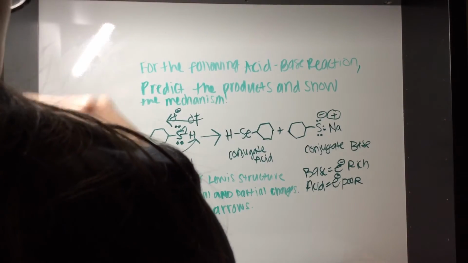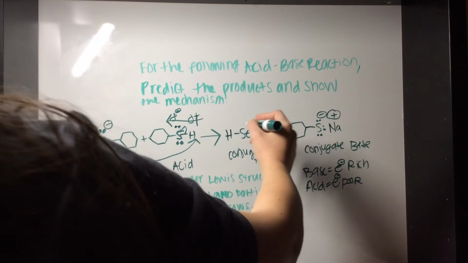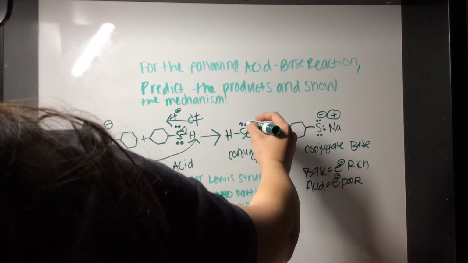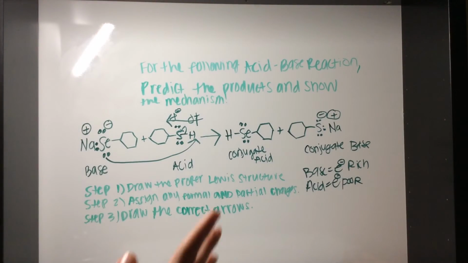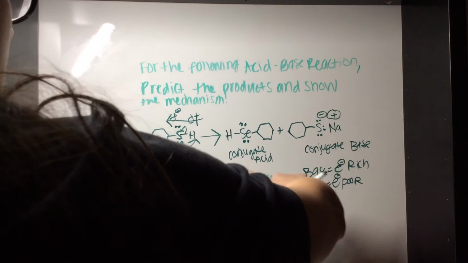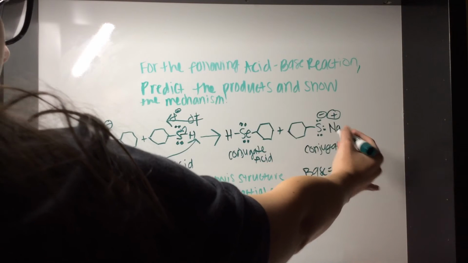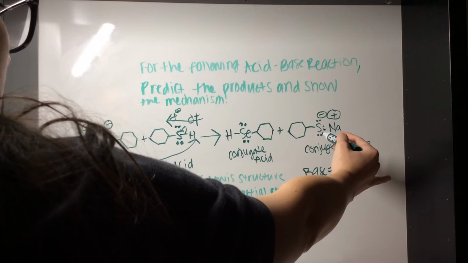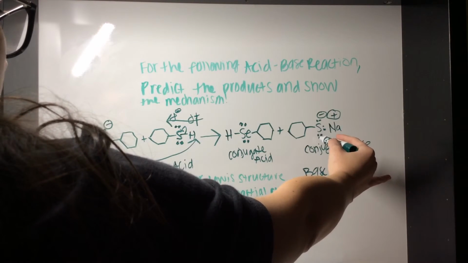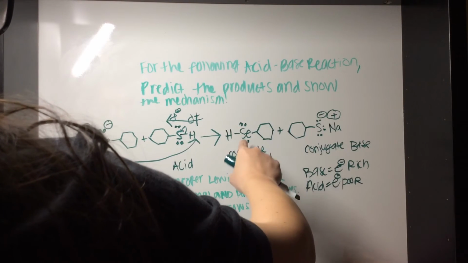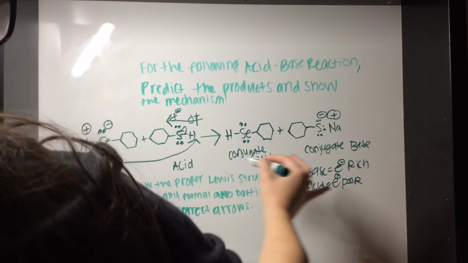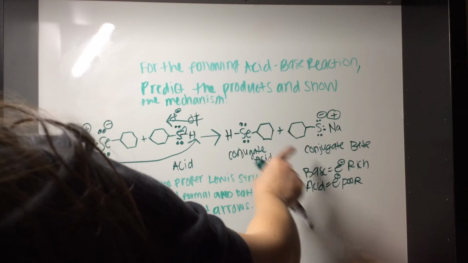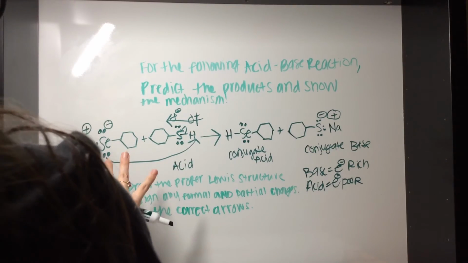So for this, we have these products over here, and just to be sure, make sure we draw the Lewis dot structure and that everything makes sense. In equilibrium, we should also be able to have the sulfur taking its electrons and deprotonating the selenium on this side, which we would show coming from here and then giving the electrons to that, and we would get this exact structure over here.